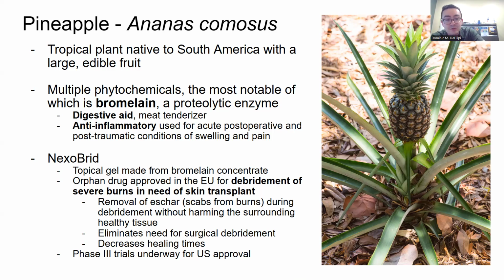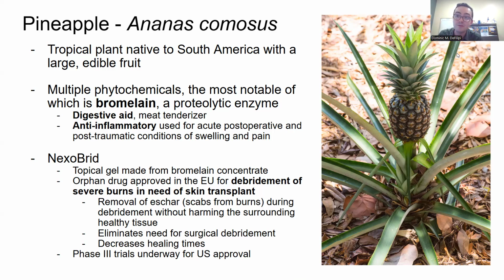And it's great because the bromelain disintegrates the old burned dead skin while not harming the surrounding healthy tissue. So it eliminates the need for often quite painful and imprecise surgical debridement and is found to decrease healing times.